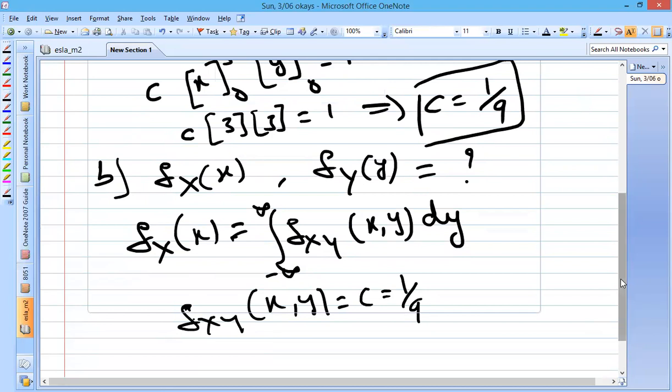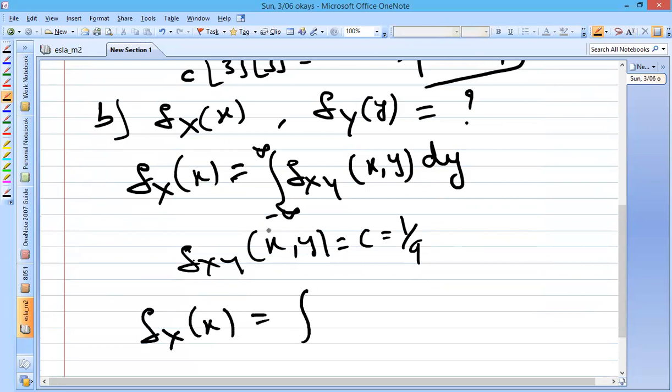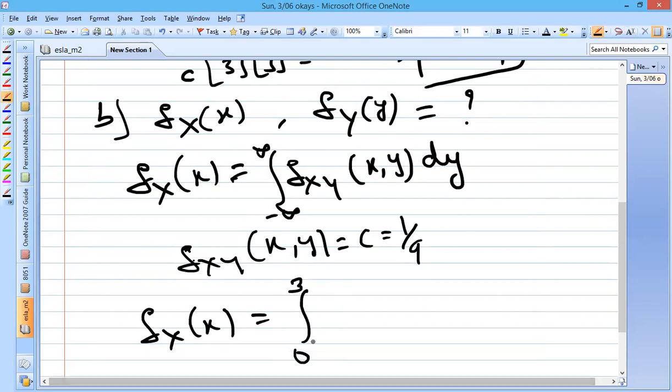So fx of x is equal to the integral, where minus infinity to plus infinity will be changed to 0 to 3, since y takes values between 0 to 3. And fxy of x comma y is substituted as 1 by 9 into dy.